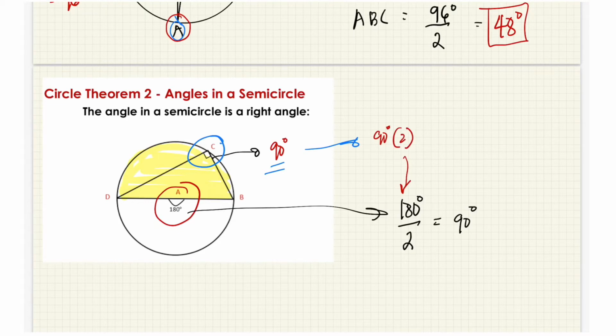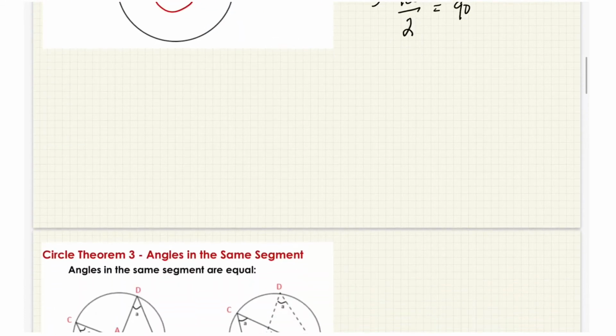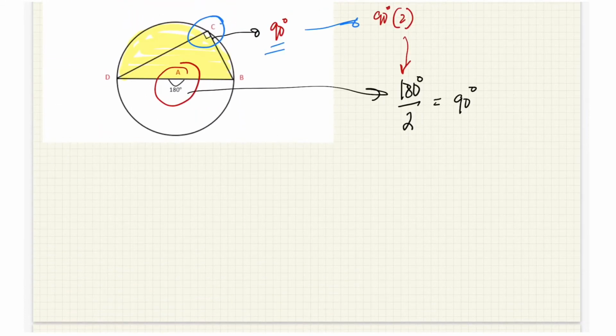Now let's have an example. Let's draw a circle here, and we draw one line.